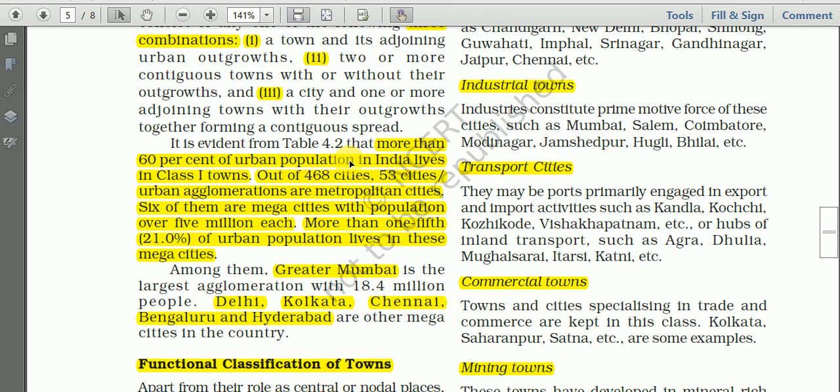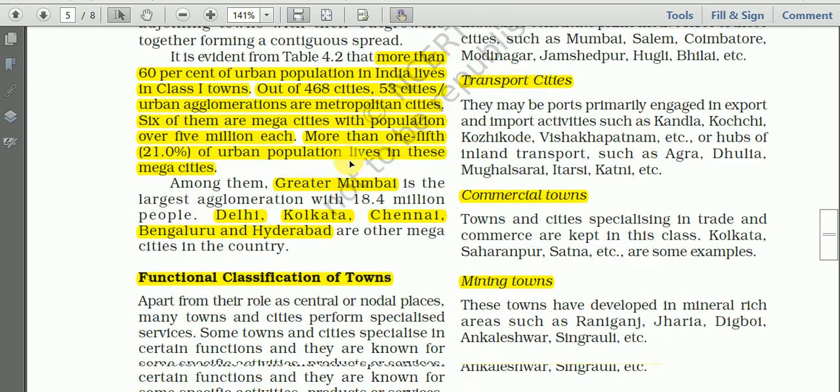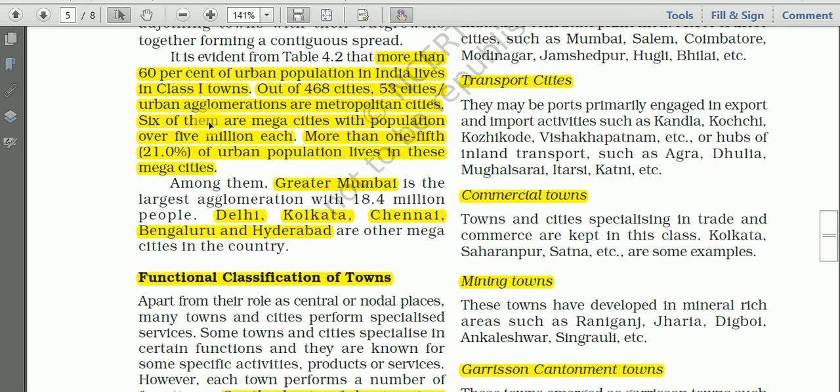Out of these 53 cities in the urban agglomeration, 6 are mega cities with population over 5 million each.